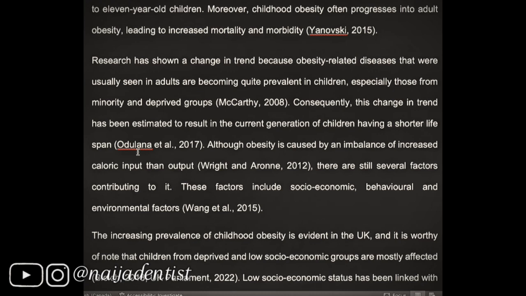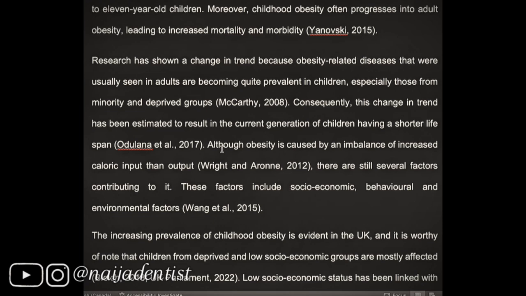You now go on to say that children who have obesity almost always grow into adults with obesity, and then that ideally they would assume, which is a form of critical analysis now, that obesity is caused by increased caloric input, but that's not exactly the issue.